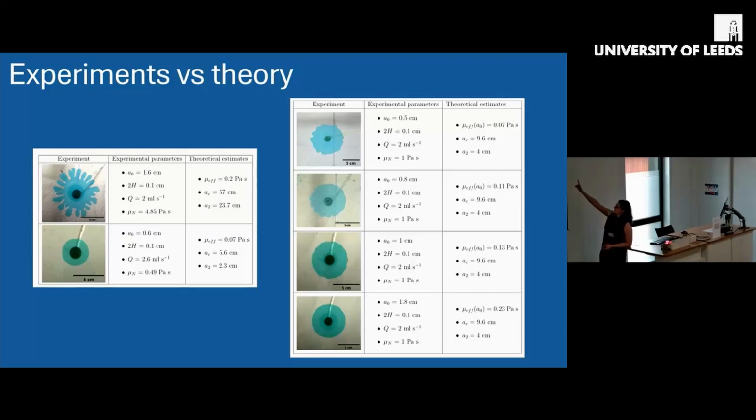For the theoretical estimates, the main thing to look at is that value A_c, which is 9.6 centimeters. What theory told us is that for these experimental parameters, I would only see stability of the interface for an initial injection radius greater than 9.6 centimeters.